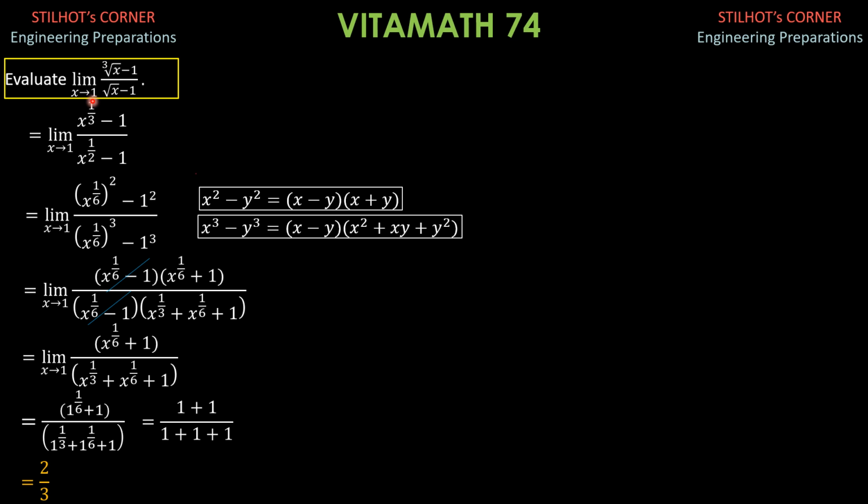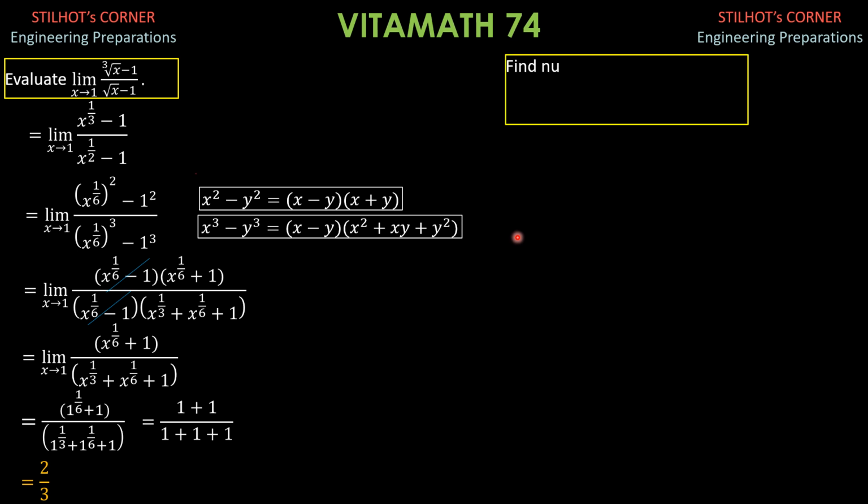So I suggest substitute value to 5 decimal places, 0.99999, and the other one 1.00001. If the two give you a value almost equal to 2/3, then the limit exists and the final answer is also 2/3. So that's the other way.